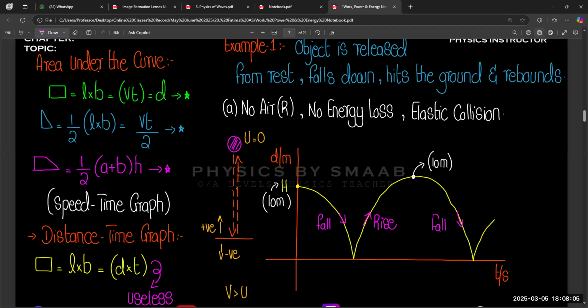So this is one type of representation. But for example, if there is energy loss in this example number one, so if there is no air resistance, but there is energy loss and the collision is inelastic, then what will be the graphical representation? Will it remain the same or will it be different?